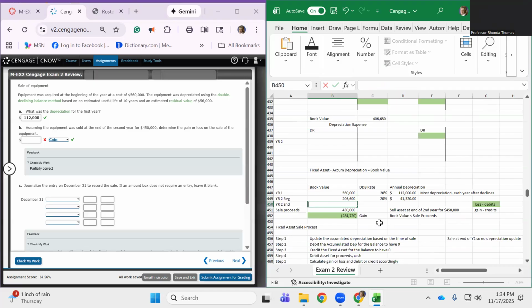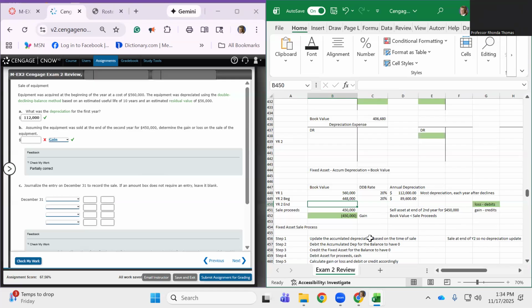Okay, just a second here. So then the beginning is going to be the book value, right? It's going to be this minus the first amount. Yep, 448. There it is. There's what's wrong. Okay.